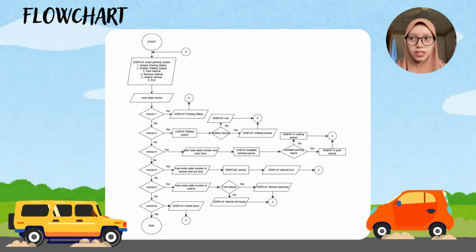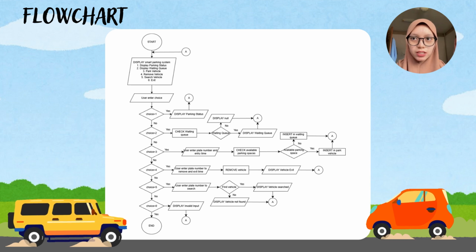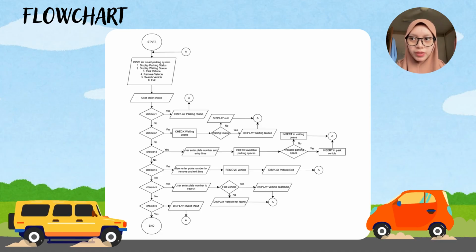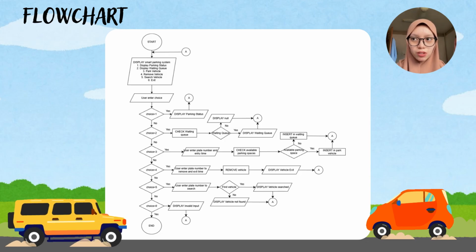When the user selects option 1, the system displays the current parking status, showing the occupied and available parking spaces. If the user selects option 2, the system checks the waiting queue. If the queue is empty, a message indicating that there are no vehicles in the waiting queue is displayed. Otherwise, the list of vehicles in the waiting queue is shown.